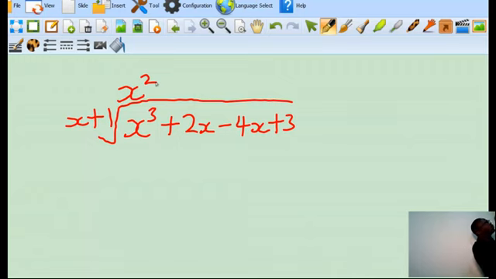Now, you multiply x squared by x, you get x cubed. Are you following me? Now, you multiply the real number 1 by x squared, which is written up here. You get x squared multiplied by 1, and you get plus x squared.